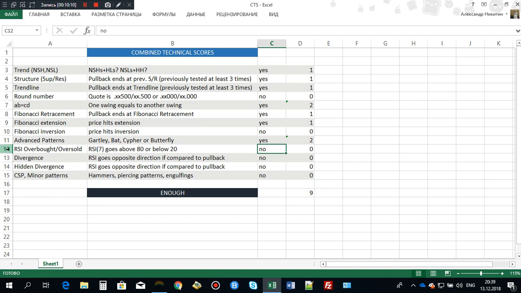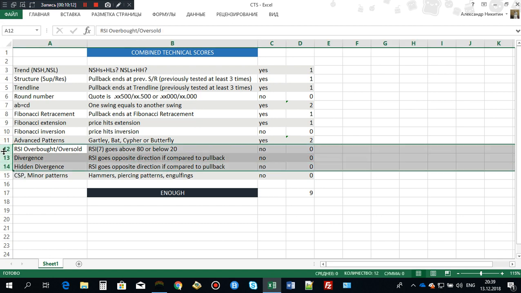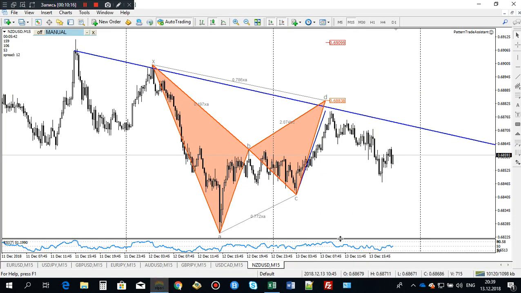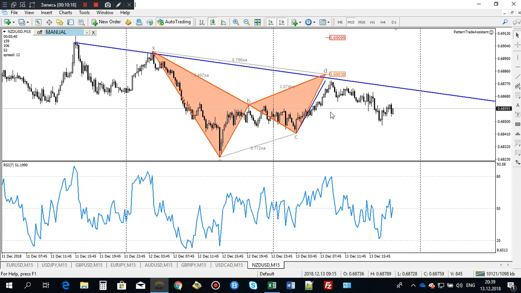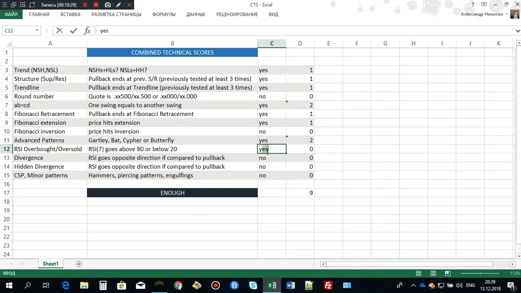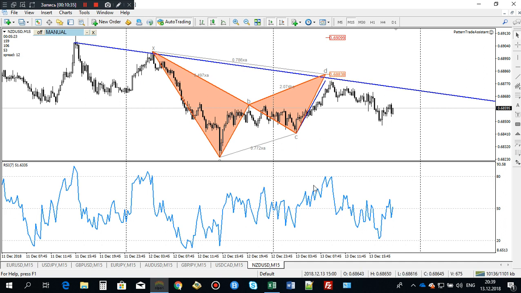Now it is very interesting, RSI studies. So RSI overbought, oversold. This is the simplest question to answer. If we look at this very point, it was overbought, 80.23. 80 is overbought, sorry. So it was okay. The next question, do we have a divergence? So what is a divergence?